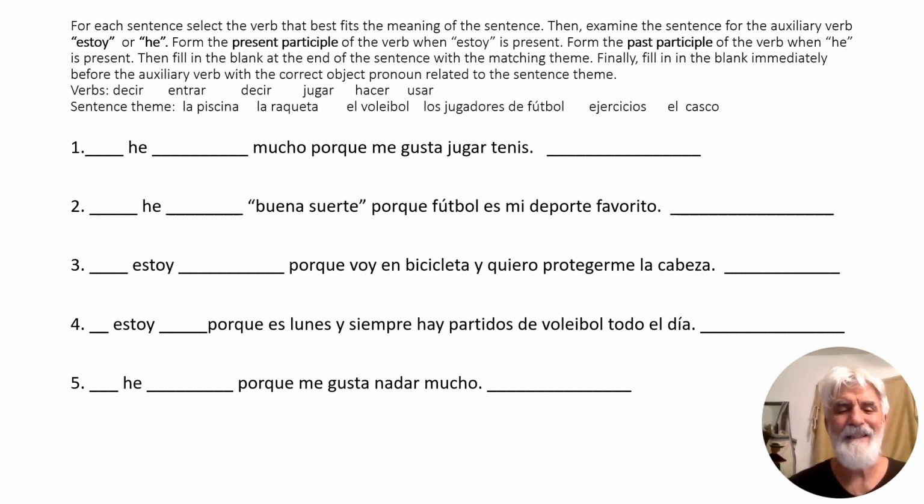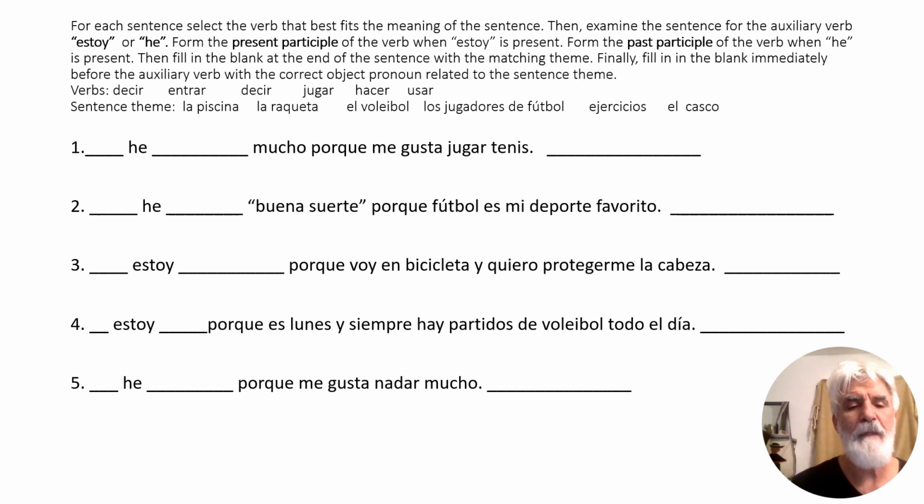It's singular and feminine. So we want to get rid of that and just sub it out for the object pronoun it. So we want to say, I have used it a lot, mucho, porque me gusta jugar tenis. All right, so the it will become la. We know that we always put our object pronouns where?